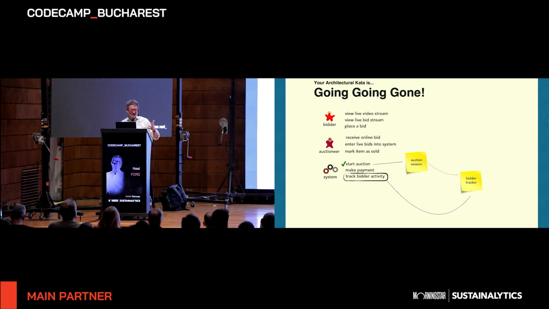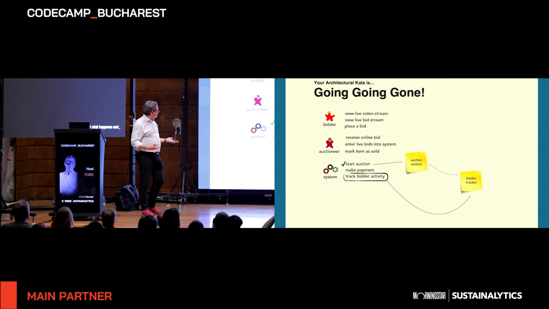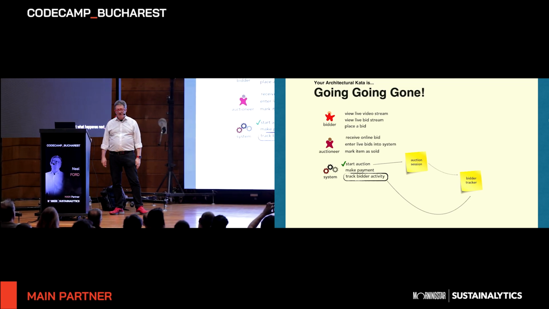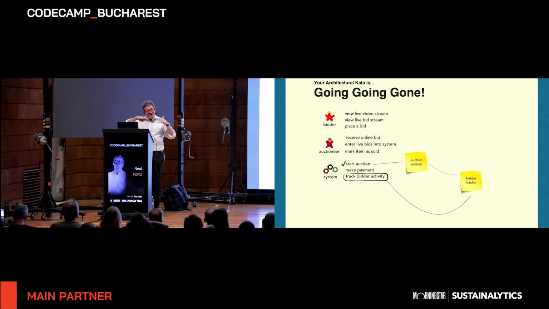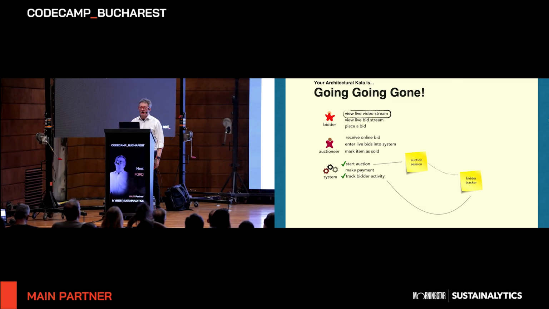So tracking bidders seems like something that could be separate. But it's reliant on information because it has to know which auction I'm tracking, so track bidder activity needs to know some information from auction session. So now we're seeing dependencies starting to show up between our prototype components here.